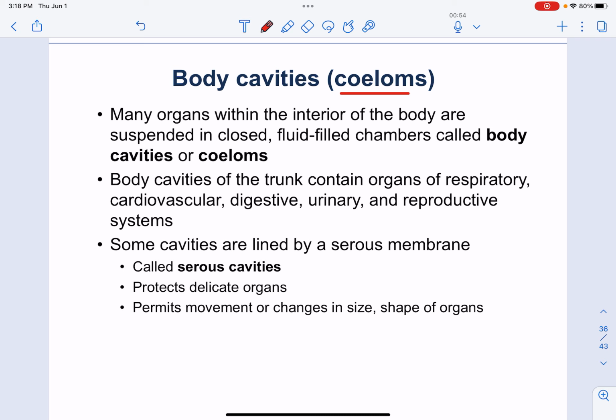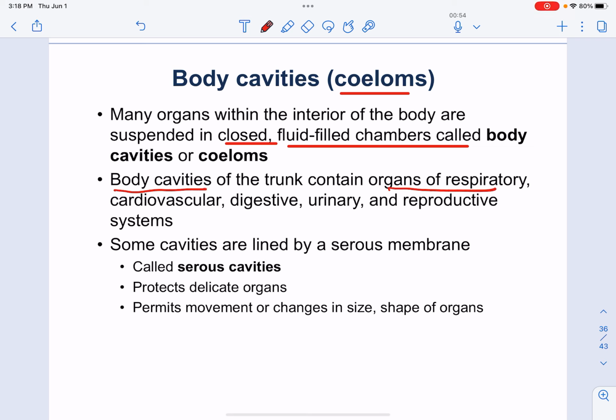All right, so many organs within the interior portion of the body are suspended in closed, fluid-filled chambers called body cavities, okay? And I want to explain to you some of these body cavities, all right? And they contain many important organs, all right?